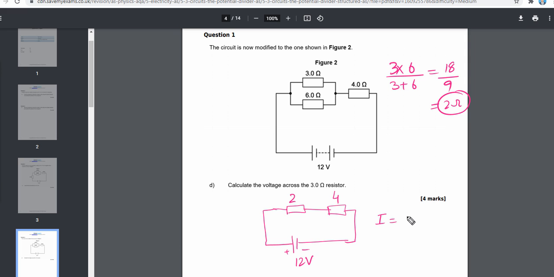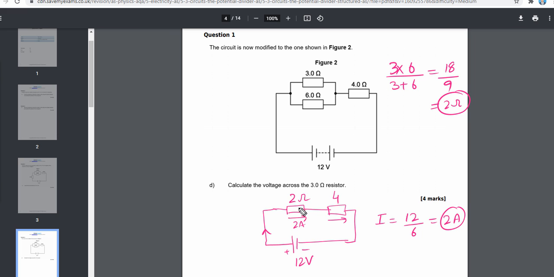I equals V over R. V is 12 and R is 2 plus 4, that is 6. So the total current through the circuit is 2 amperes. The same current will pass through the other resistor.